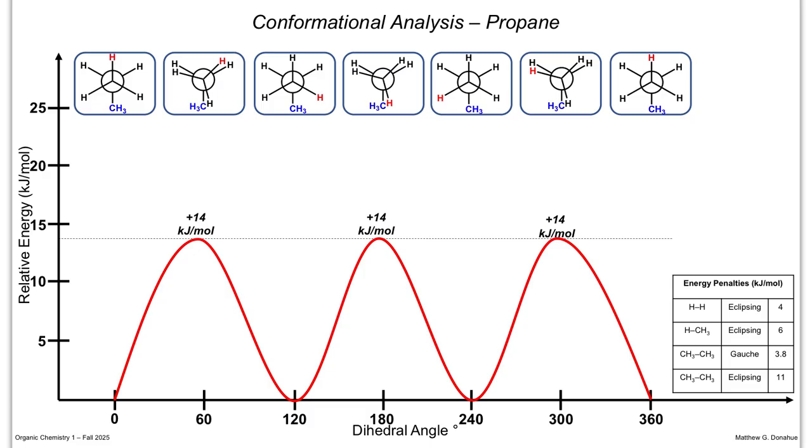So when we plot that, the staggered we're calling a relative energy of 0. And then when it goes up to eclipsed, we've added the 3 eclipsing interactions to get 14. Then it just continues the rotation in that sine curve pattern.